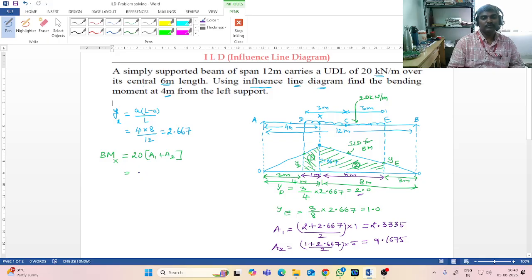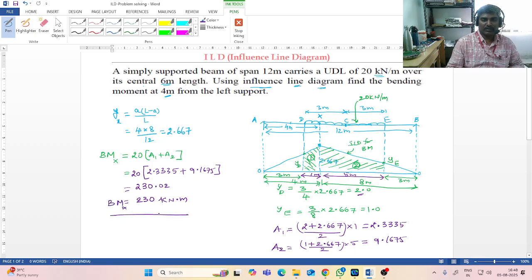Now 20 multiplied by 2.335 plus 9.1675 put together is 230.02. This is because of the rounding of numbers. Neglecting that, this will be 230 kilonewton meter.